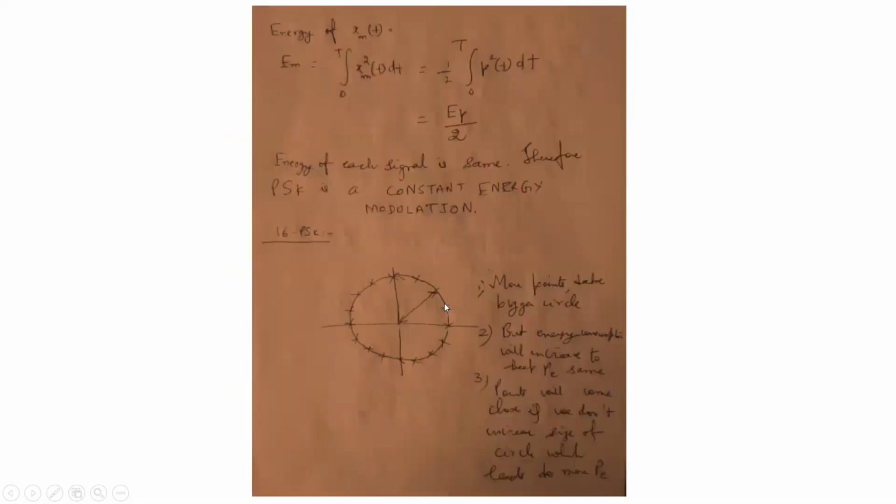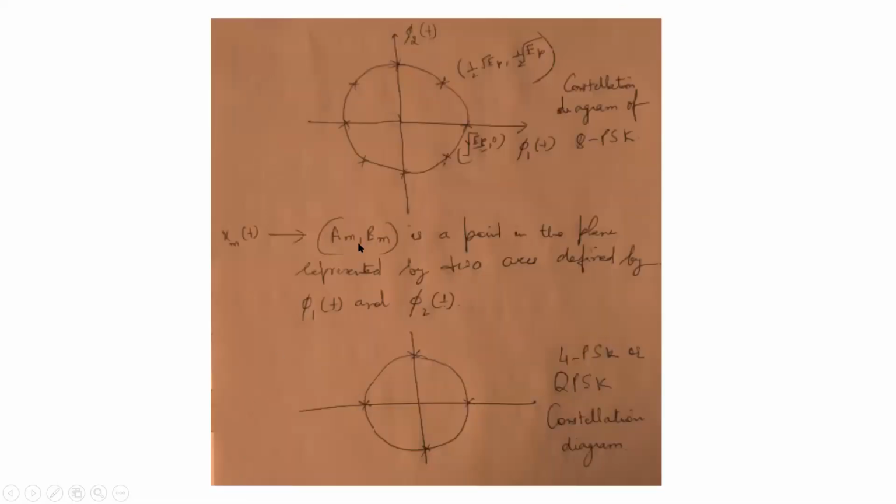So let's take this point. The coordinates of any point in the signal constellation will be a_m, b_m, right? So you can find out the coordinates from these expressions. Clear?